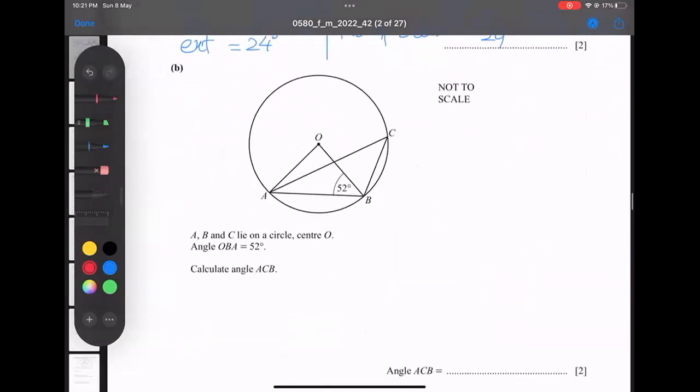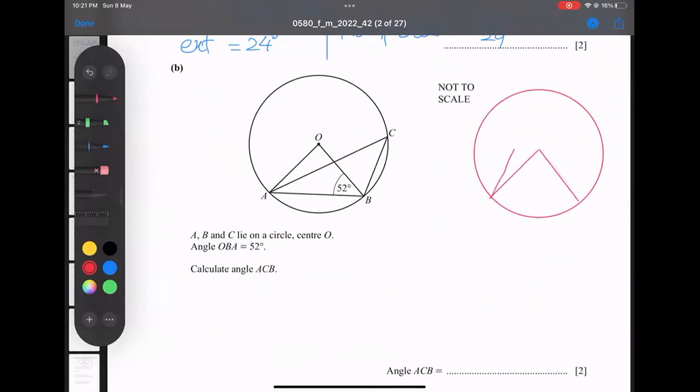Now let's talk about this question: circle, how to get angle ACB. Middle letter C, and C is here. We have many properties, but the most important property here is the angle at the center and the circumference.